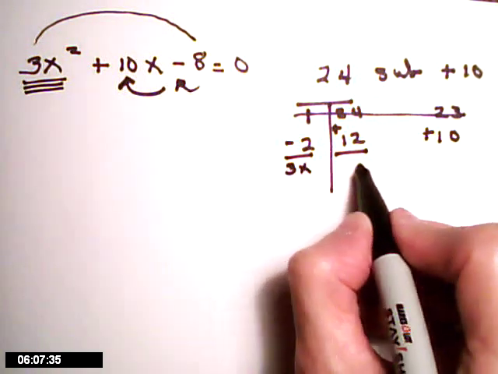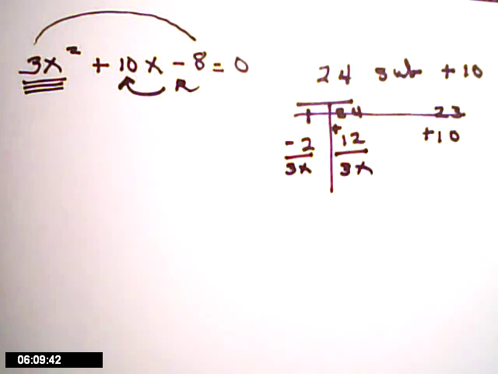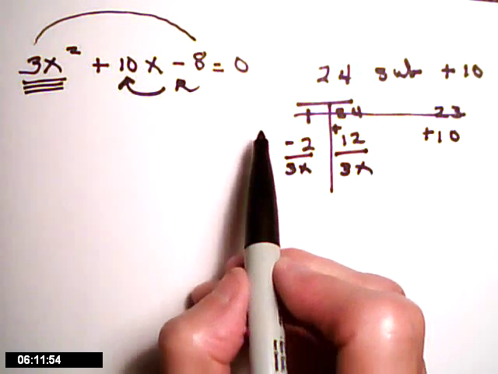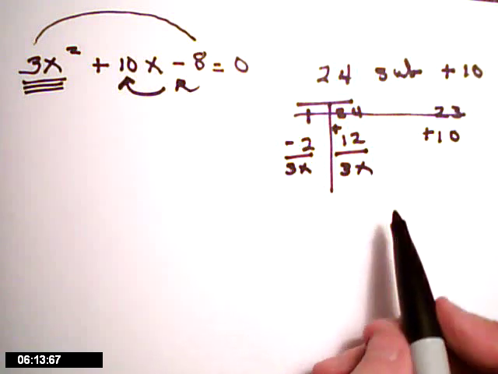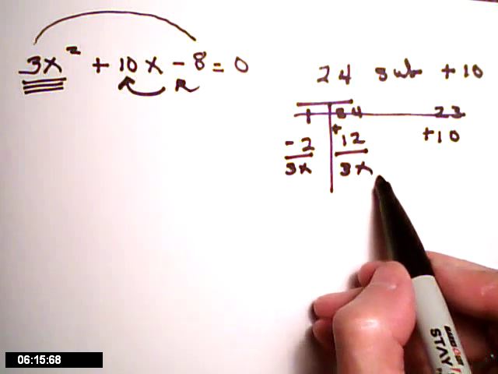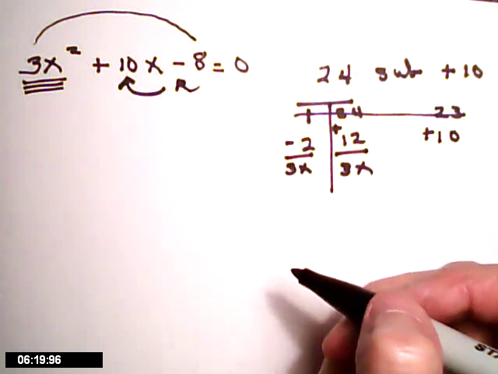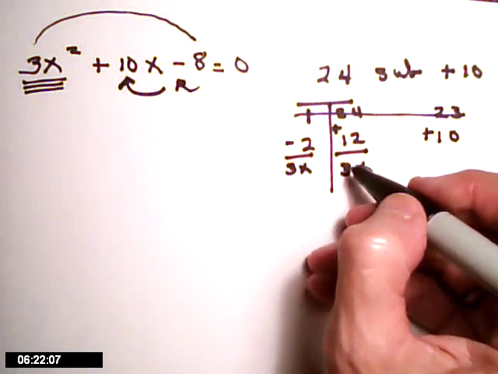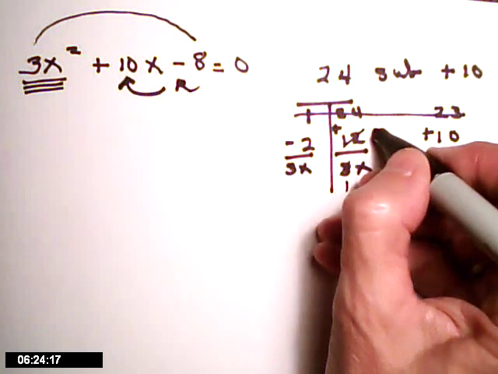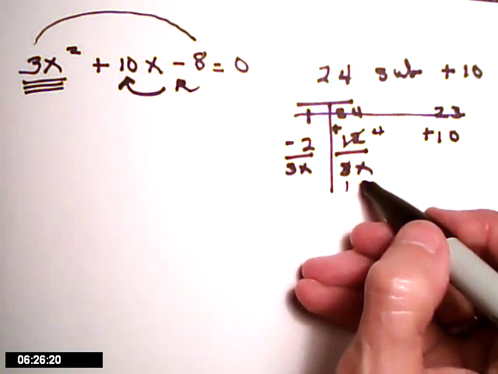So 3x. Now I want you to consider that you have two fractions. You have negative 2 over 3x and you have 12 over 3x. And I'm going to reduce those if I can. 2 over 3 does not reduce. But 12 over 3 would reduce by 3 to 4 over x.